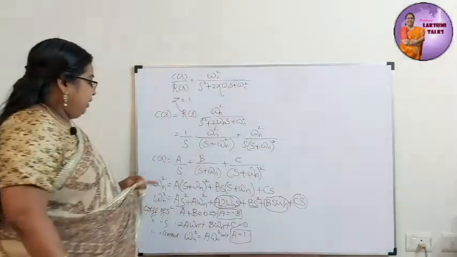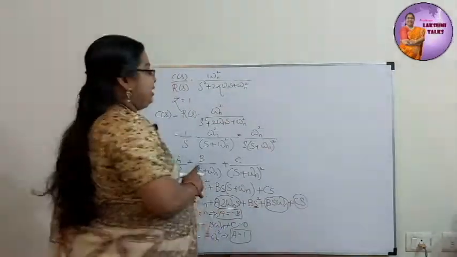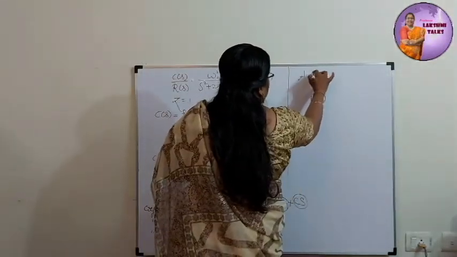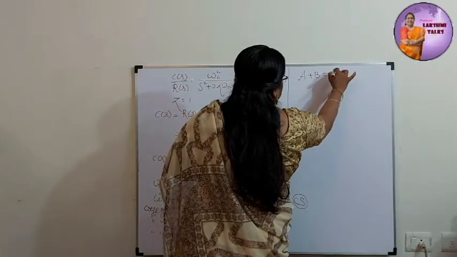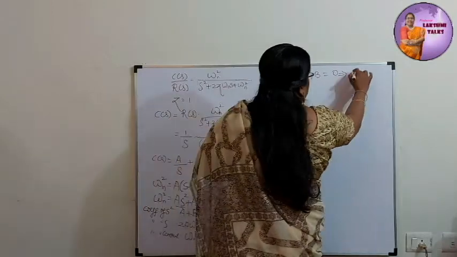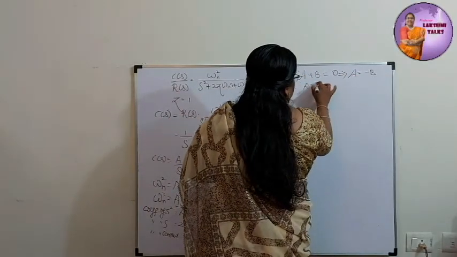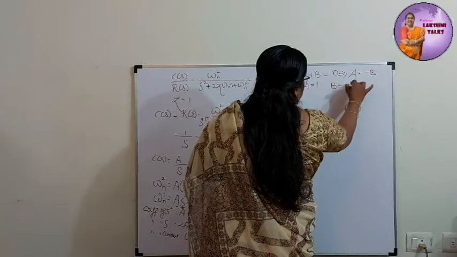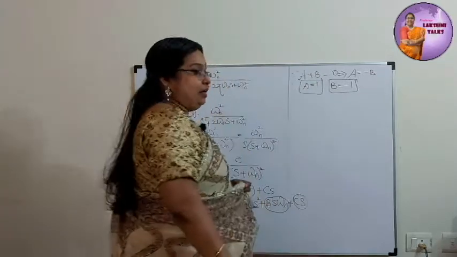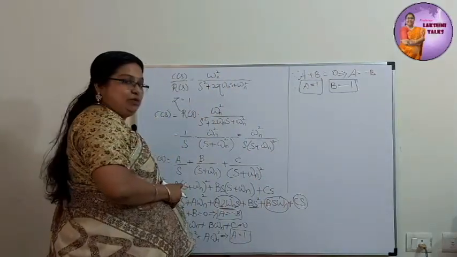Right? So when a is equal to 1, what happens? Since a plus b is equal to 0 and we have a is equal to minus b, since a is equal to 1, b is equal to minus 1. Right? Now we can substitute a and b values in this expression.